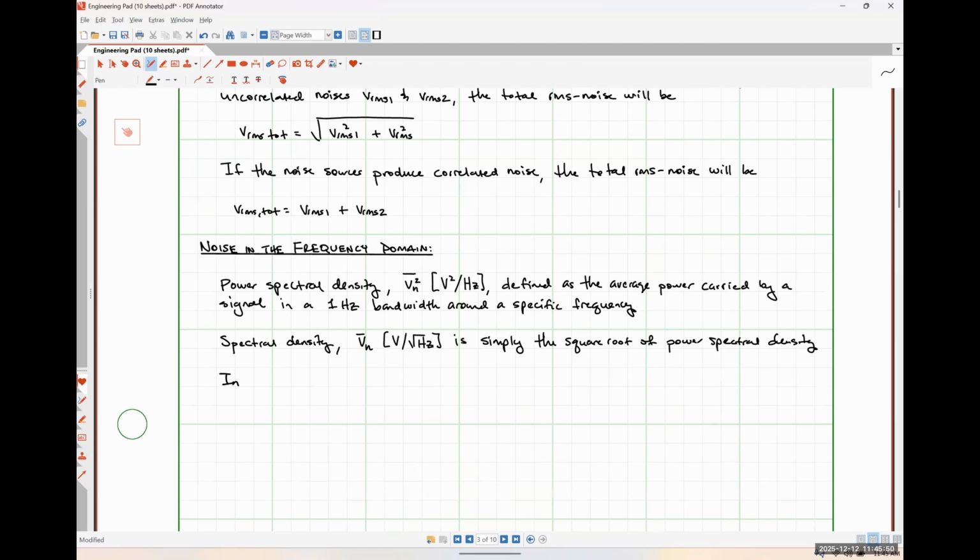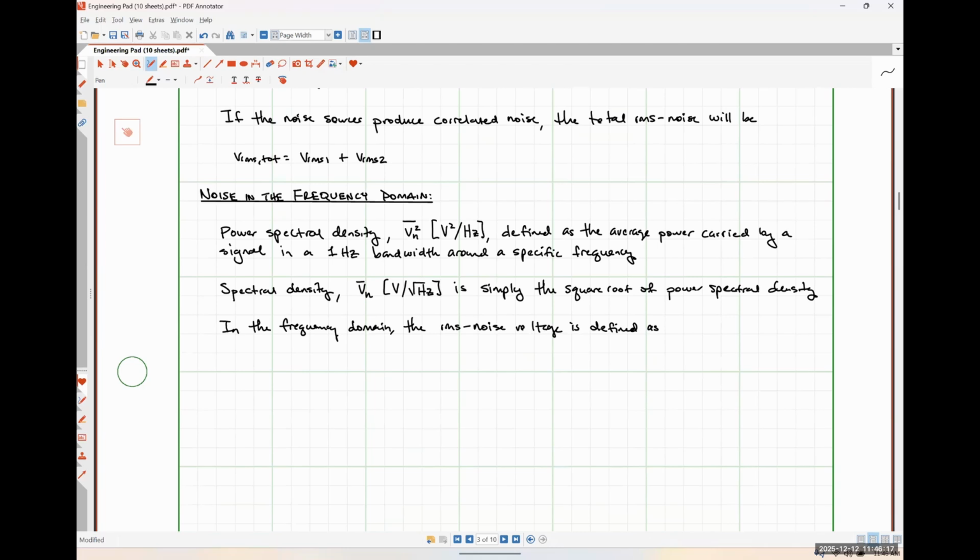So in the frequency domain, the RMS noise voltage is defined as: VRMS is the square root of the integral of our power spectral density as a function of frequency, integrated across all frequencies.